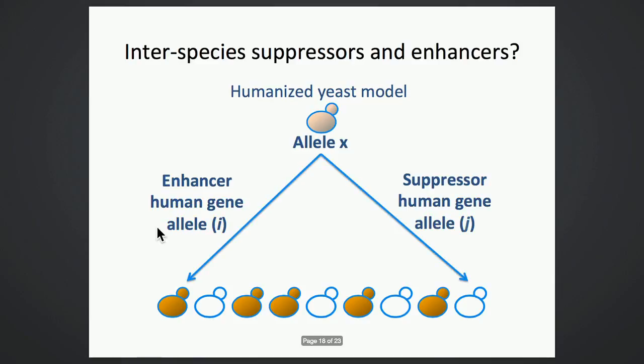So what we're proposing is that maybe we can take one step further and do genetic screens using an overexpression human gene library to find potential human suppressors and human enhancers of humanized yeast models.